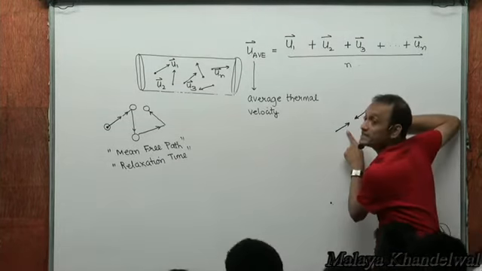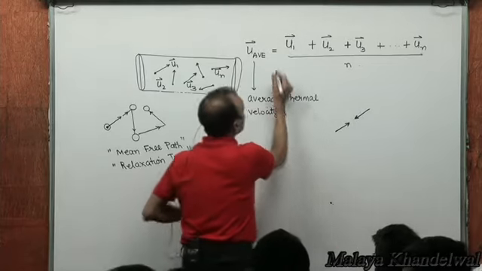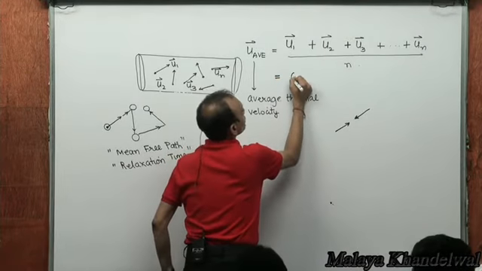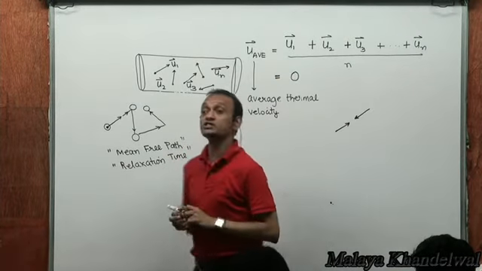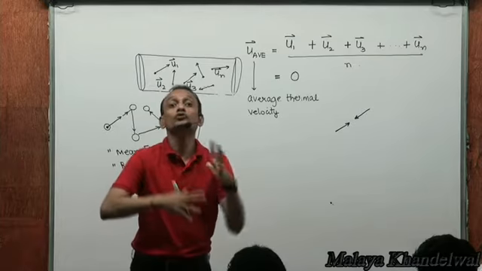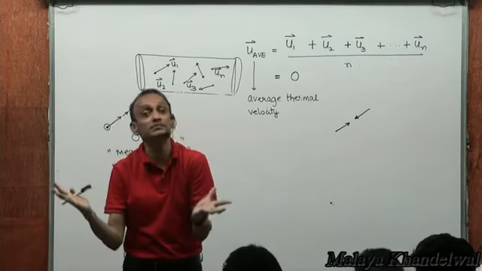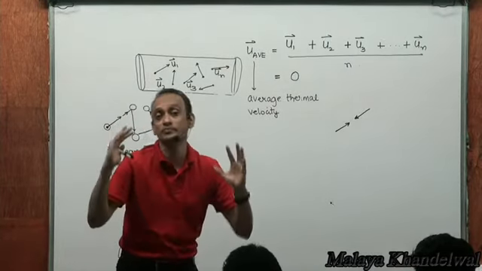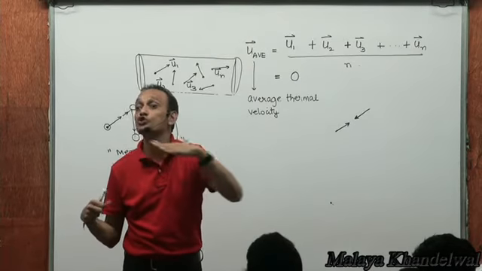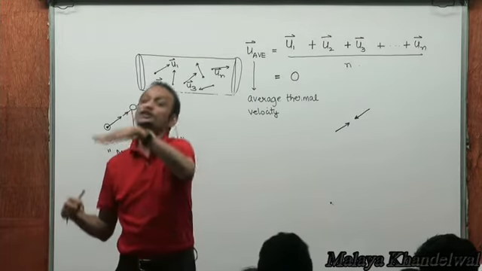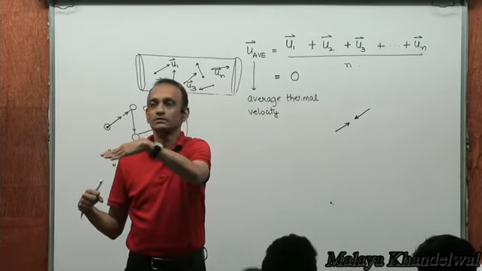Average thermal velocity in a piece of matter has to be 0 because of the true spirit of randomness. Average thermal velocity will show no specific directional bias. You know what I'm saying?